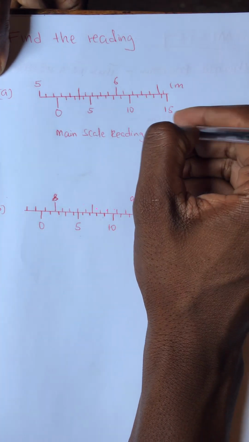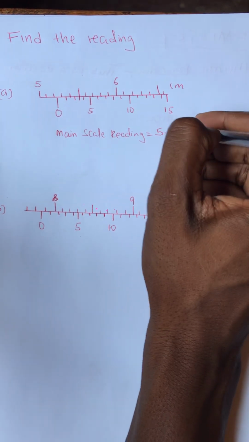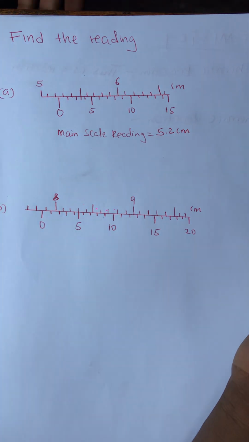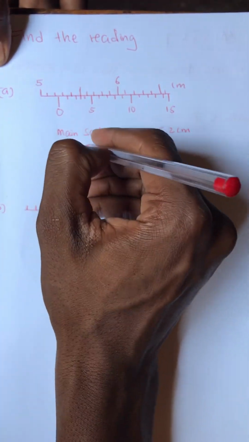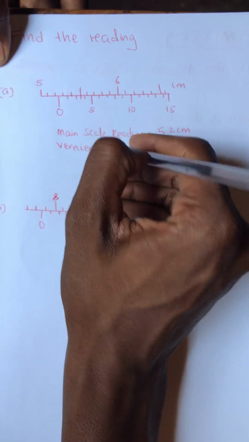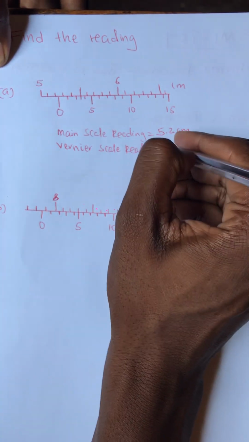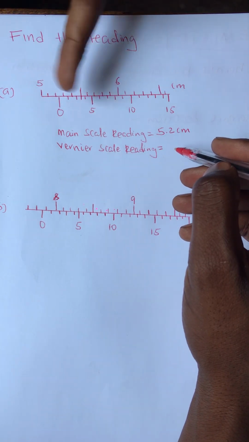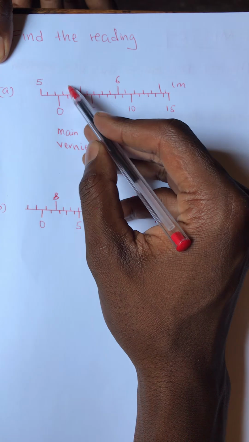So we are saying 5.2 centimeters is our main scale reading. And then from there, we're going to look for the Vernier scale reading. On the Vernier scale here at the bottom, you are looking for a value that is coinciding with another one on top.